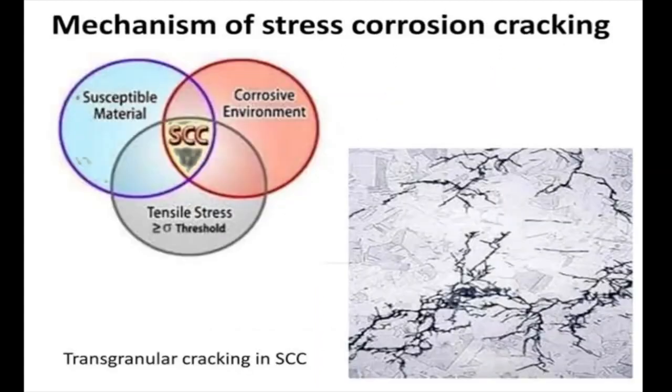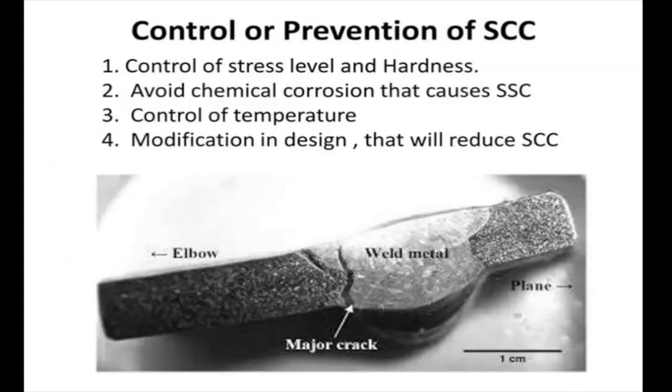So if you are going to discuss the mechanism in detail, then susceptible material, corrosive environment and tensile stresses are the main reasons for the mechanism of stress corrosion. So it is a very common but undesirable phenomenon in a particular type of corrosion mechanism.